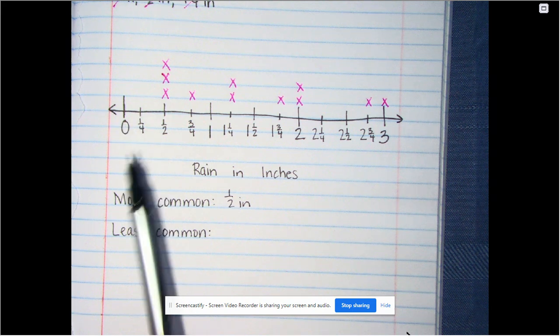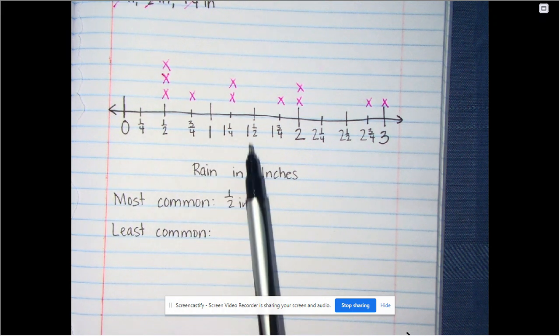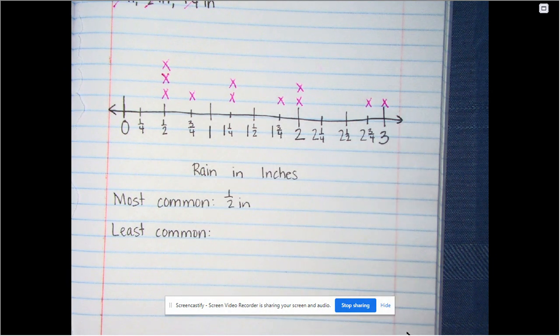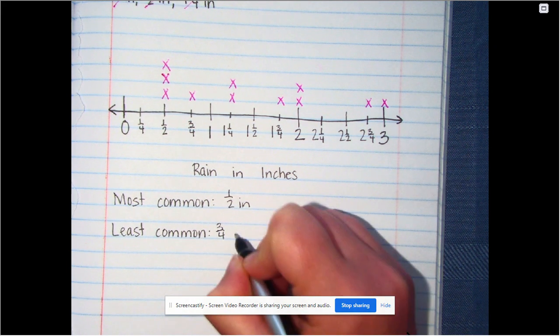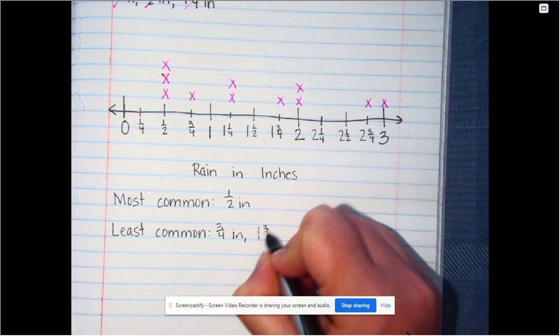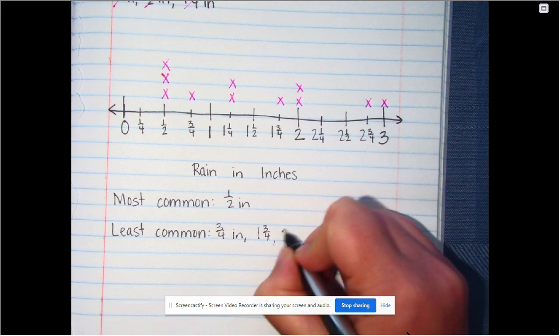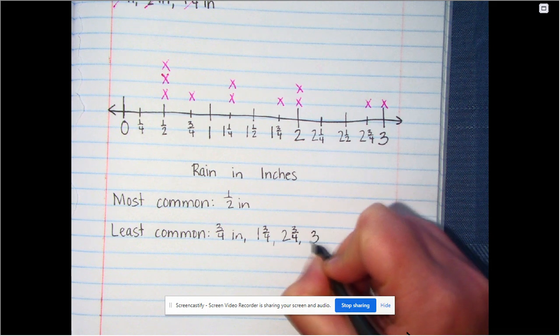The least common could be 0 inches, 1/4 inches, 1 inch, 1/2 inch, or we could list it as where we see 1 X, that was the least common. So for now, I'm going to show 3/4, 1 3/4, 2 3/4, and 3 inches.